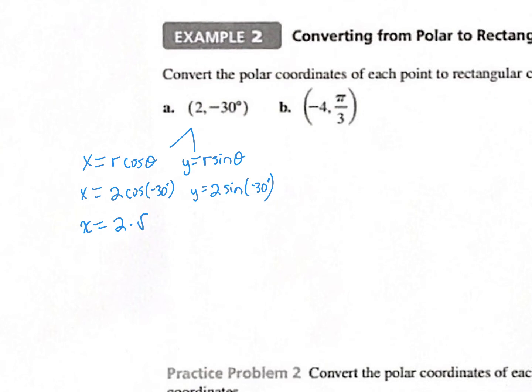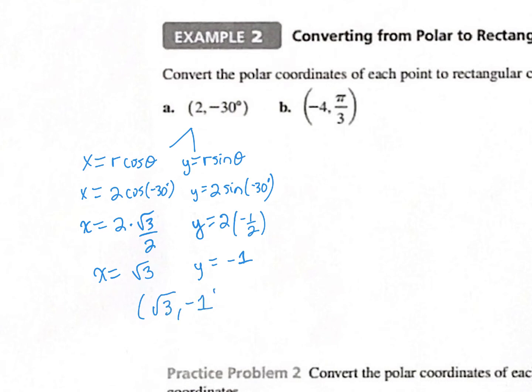So we get 2 times the square root of 3 over 2. When we clean that up, we just get the square root of 3. Similarly, if we plug in the sine of negative 30 degrees, it gives us negative 1/2. And so we get that y is equal to negative 1. And so the coordinate point is the square root of 3, negative 1.